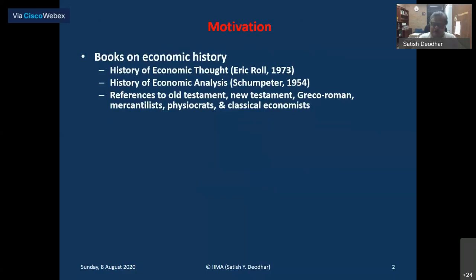Now, when I read these books as a young student in undergrad college, in the economic history course, one could find references to Old Testament, New Testament, Greco-Roman literature, mercantilists, physiocrats, and of course, classical economists. But then one doesn't find any mention of Indian economic thought. And that really puzzles us.